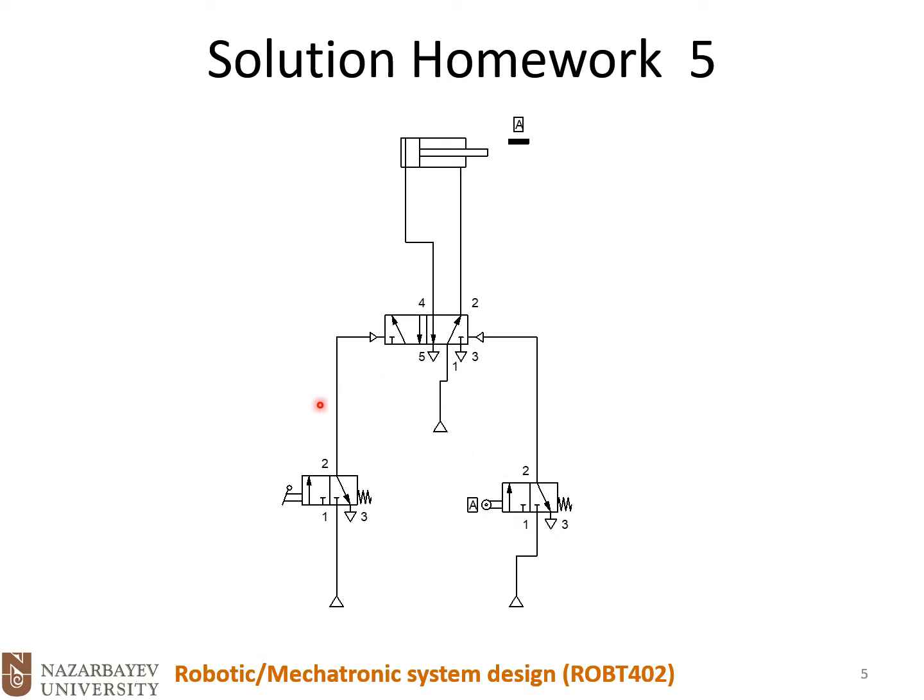So now what's happening here, if we push this lever here, then the cylinder will go forward. Once it reaches the end of its stroke course, then the sensor will be activated, and the other valve will be activated, and then the main valve will switch.